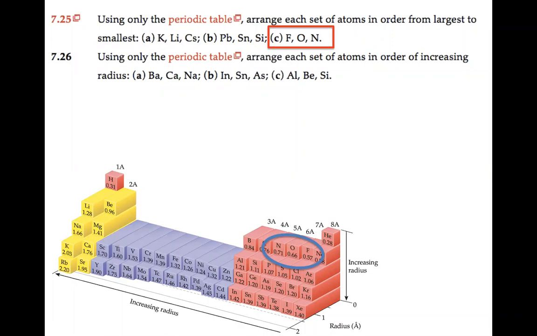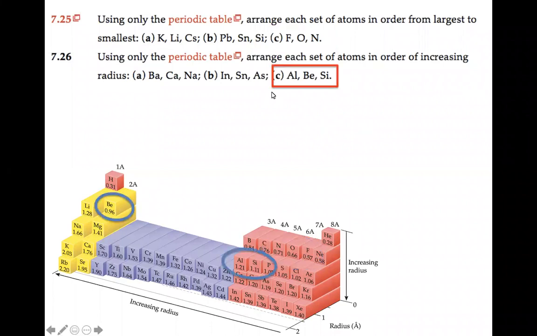Why does it get smaller as I move left to right on the periodic table? I'm increasing the number of protons. I am not changing the shielding electrons. So therefore, the effective nuclear charge is getting larger, and it's leading to a contraction as I move across that set of the periodic table.